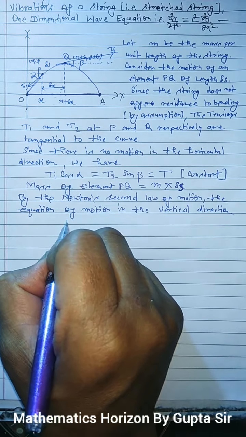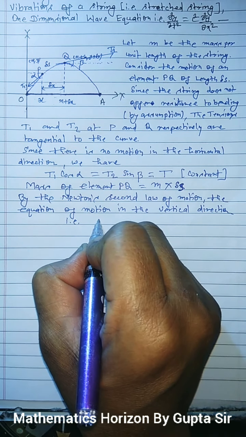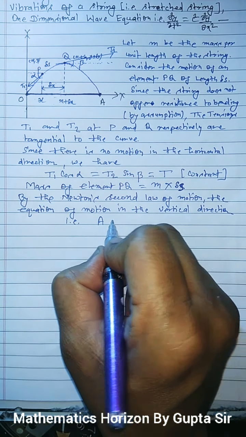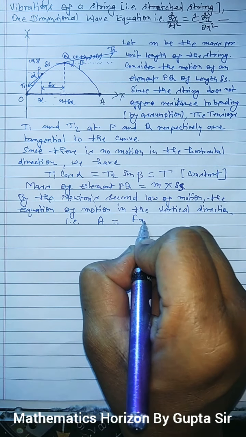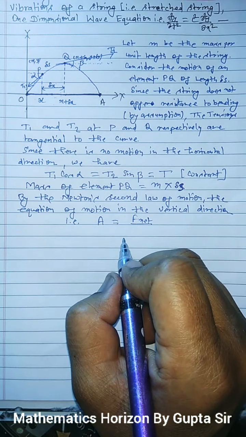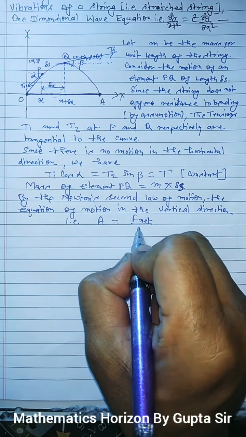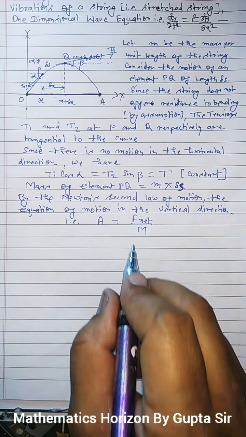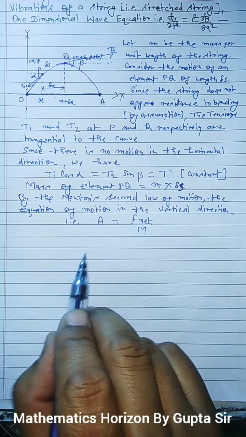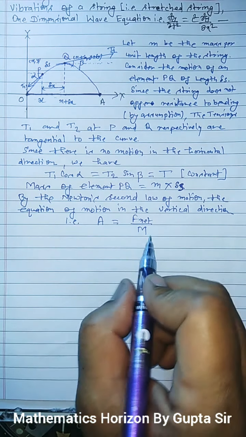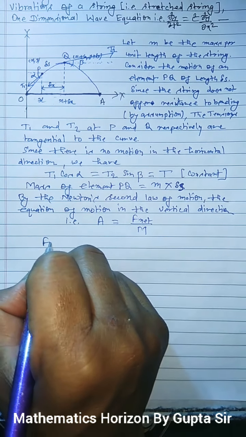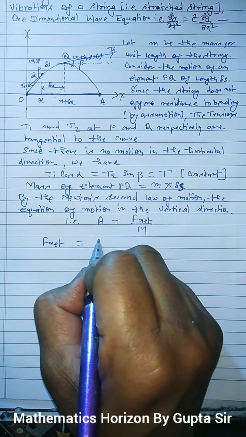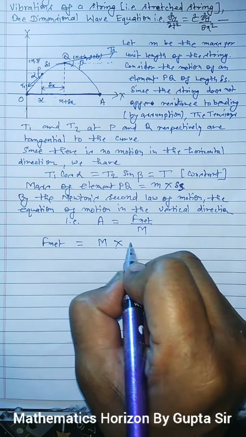That is what we can say, A equal to net force F net upon mass of that element PQ. Okay, the net force is equated to the product of the mass and acceleration.